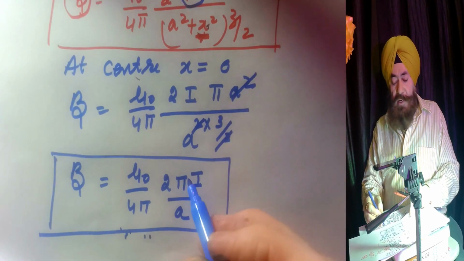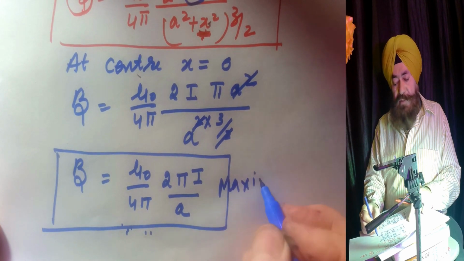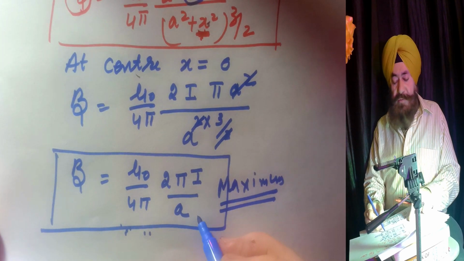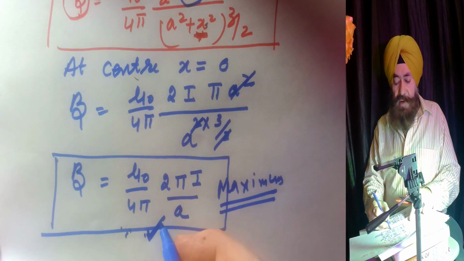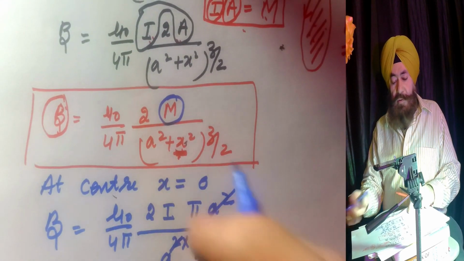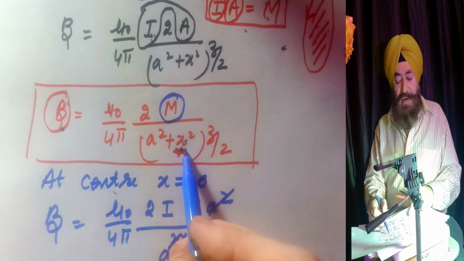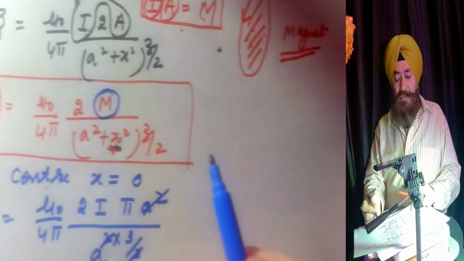At the center of the loop, the field is maximum because there is no x, and it is a constant value. If x is there, the field will decrease and go on decreasing with x.